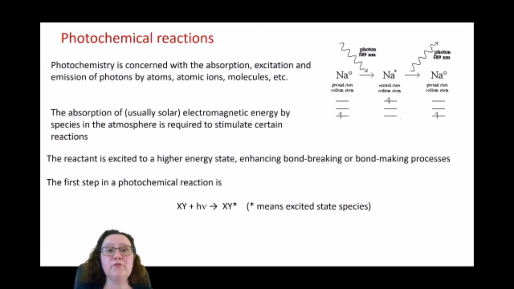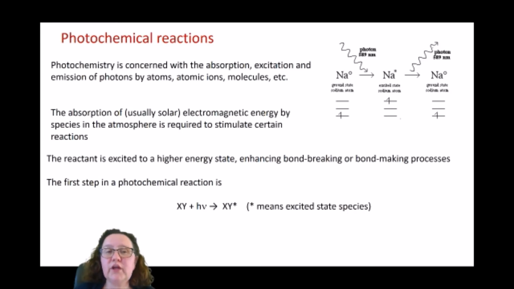Atmospheric chemistry is full of photochemical reactions. What are photochemical reactions? So what is photochemistry? Well, we are looking at how the absorption of photons of light into atoms, molecules, ions, helps them reach what they call an excited state, a high energy state, and that will enhance a series of reactions of those molecules, of those atoms.